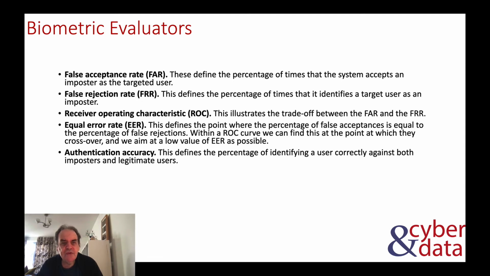There is also a receiver operating characteristics, and that's a trade-off between the false acceptance rate and the false rejection rate. And then we have the equal error rate, and that defines the point at which the false acceptances become equal to the false rejections. And then finally, we have authentication accuracy, and that really identifies a user correctly, both in terms of imposters and legitimate users.